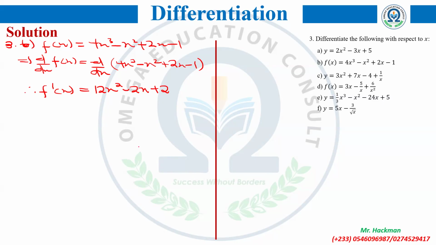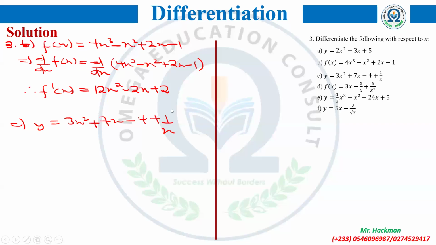Yes. Okay, so I'm going to do the C, like I said. For C, what are we given? y is equal to 3x squared plus 7x minus 4 plus 1 over x. But take note, this needs a little transformation.